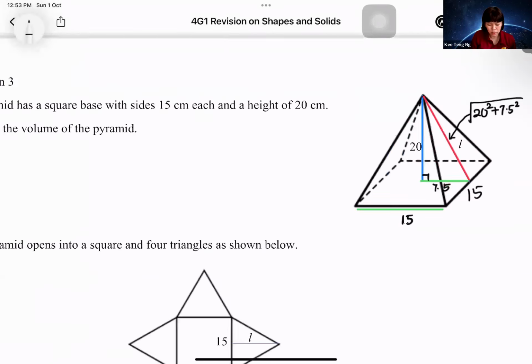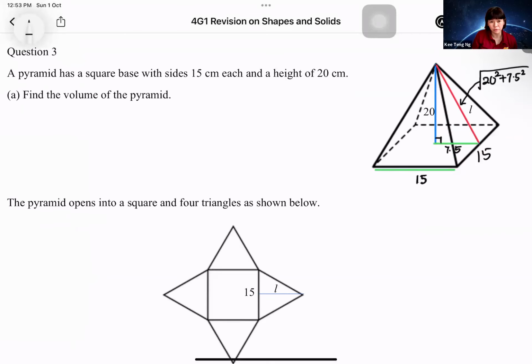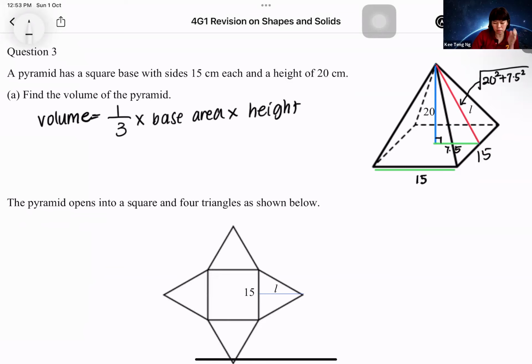Okay, so let's look at the first part of the question. Find the volume of the pyramid. The formula for volume of a pyramid is not given. It's 1/3 times the base area times the perpendicular height, the vertical height.